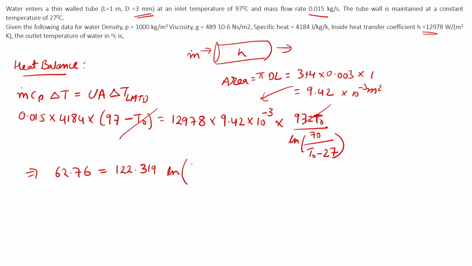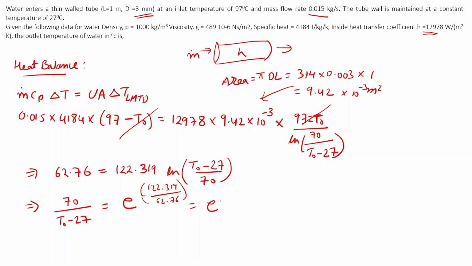You can write this log term as 70 upon T naught minus 27 is equal to e raised to 122.319 upon 62.76.